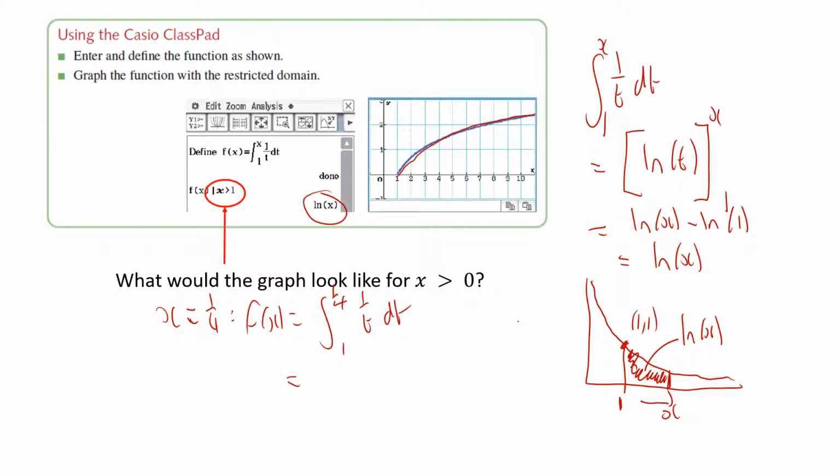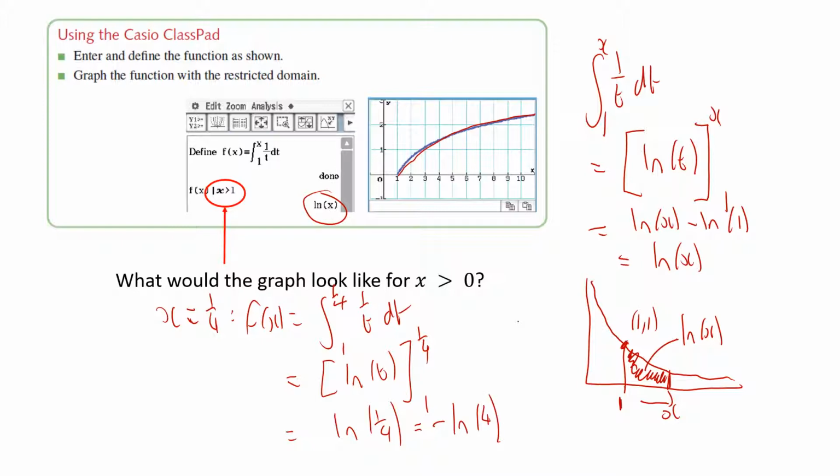We've got natural log of t, from 1/4 to 1, and we sub in 1 minus natural log of 1/4, which is equivalent to minus natural log of 4, a negative value.